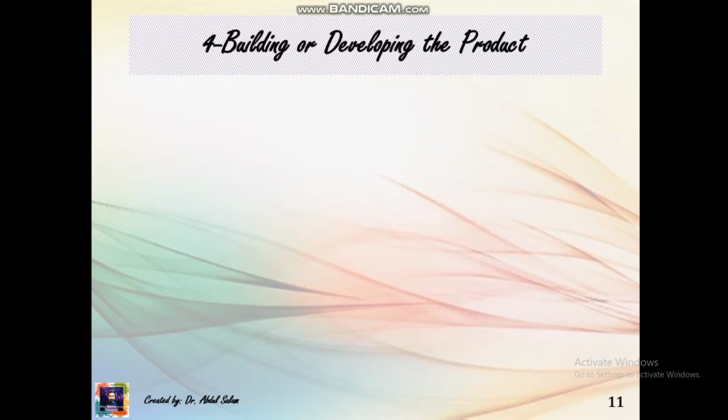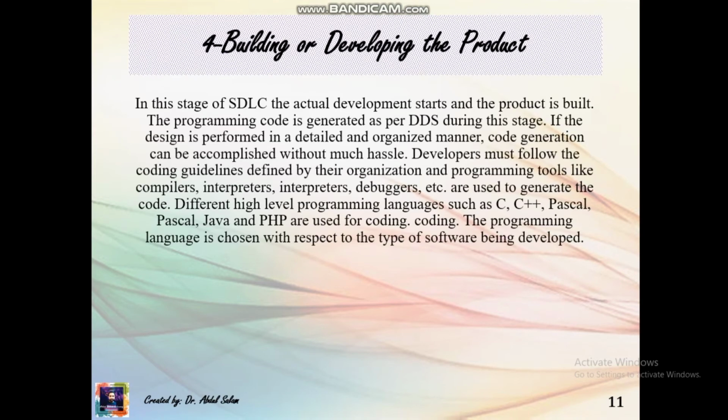Building or developing the product. In this stage of the SDLC, the actual development starts and the product is built. The programming code is generated as per DDS during this stage. If the design is performed in a detailed, organized manner, code generation can be accomplished without much hassle.